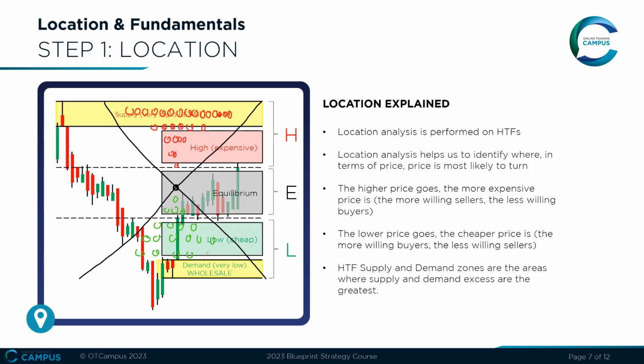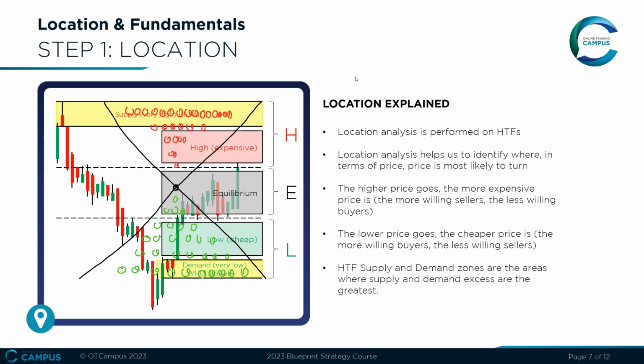And eventually there'll be an abundance of willing buyers because price is so cheap that no one in their right mind would still sell. And there are just so many willing buyers.